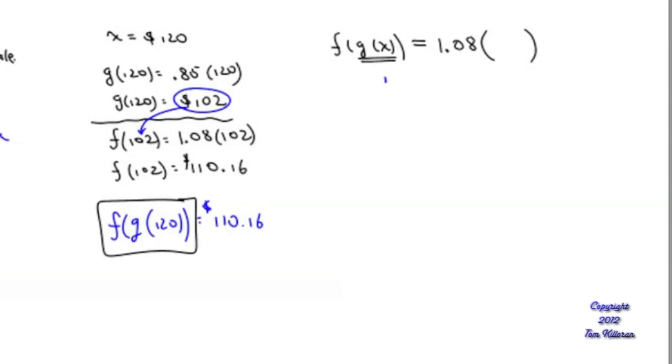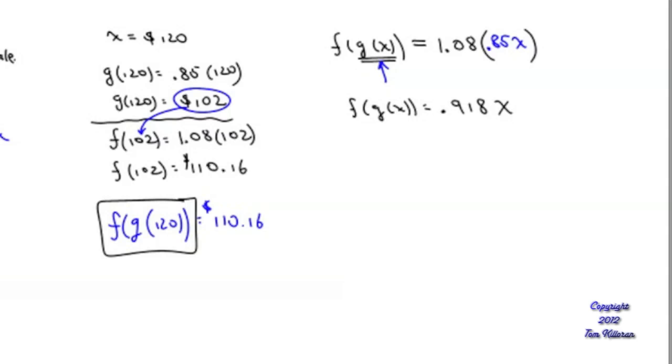I want to plug in this. So what's g of x look like? 0.85x. Now, what is 1.08 times 0.85? 0.918. Exactly. 0.918 times x.